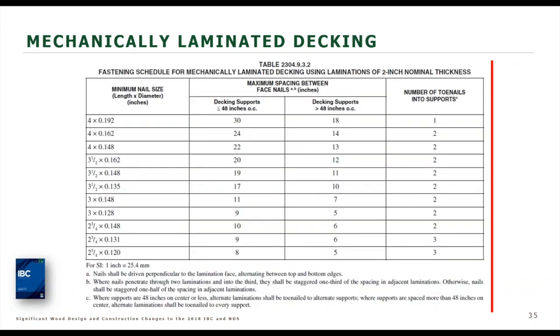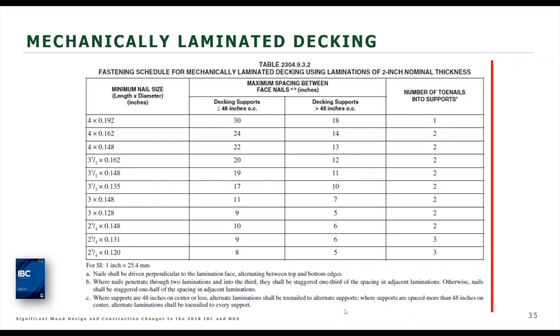So we have a new table now to make it more applicable to what we're seeing in the industry with how nails are driven, using pneumatic nail guns. We have a fastener schedule for mechanically laminated decking for 2x nominal thickness members that also provides the diameter and the minimum length of nails, as well as the spacing of nails, staggering them, and also the toe nailing into the support.